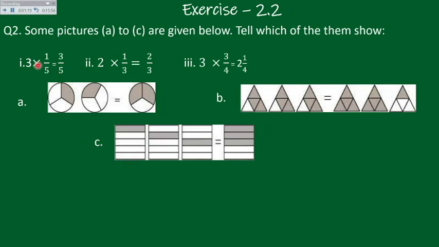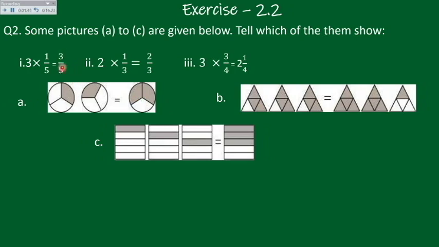Okay, so first is 3 multiply 1 upon 5 equals to 3 upon 5. So definitely after looking at this whole number 3, we can get the figure must contain 3 parts, 1, 2, 3.